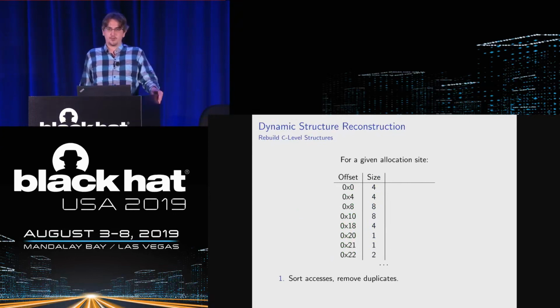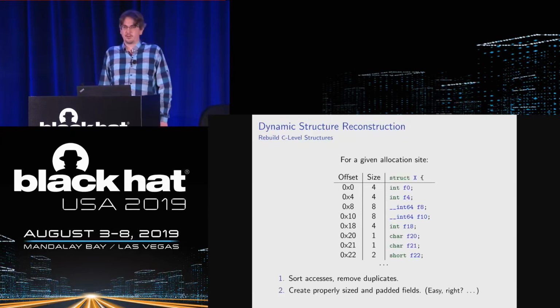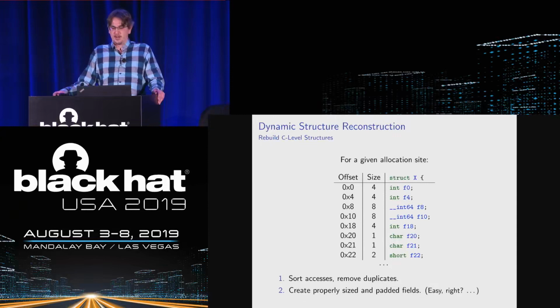So for any given allocation, take the accesses that we observed, sort the offsets at which the accesses took place, remove duplicates, and then simply convert those into structure declarations. Choose C data types of the appropriate size, and lay them out in the sequence in which they were observed. So that seems pretty easy.